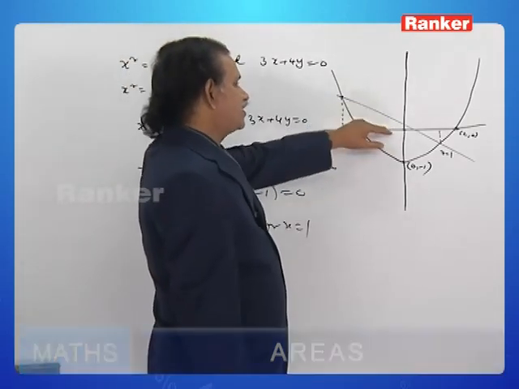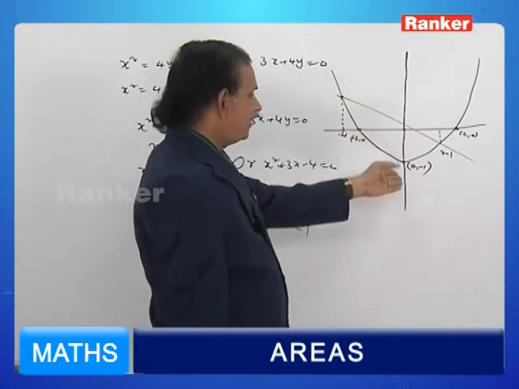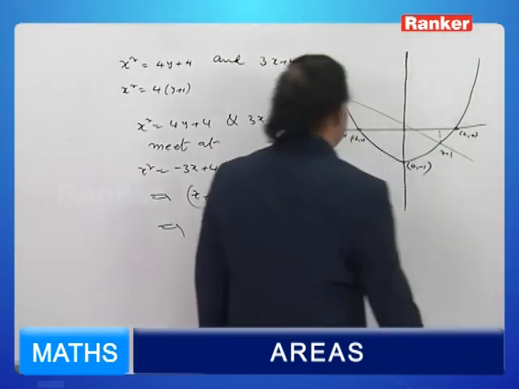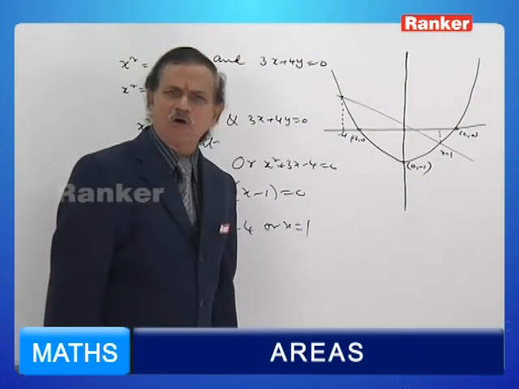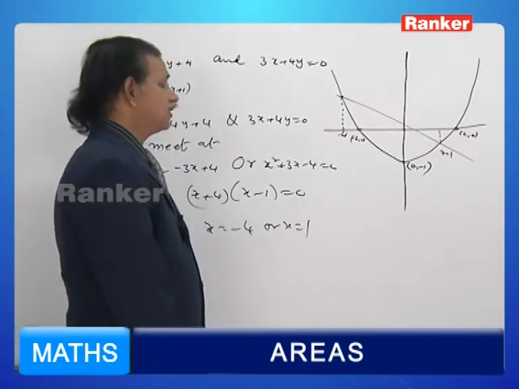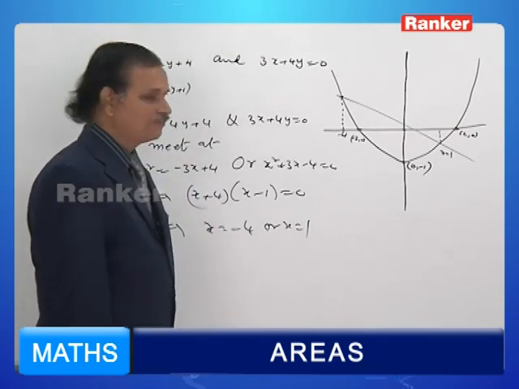What is the curve which lies above of these two? Line or parabola? Line, and then the parabola. Therefore, we could have got the correct plan of integration and the correct limits of integration also. They are between minus 4 and 1.